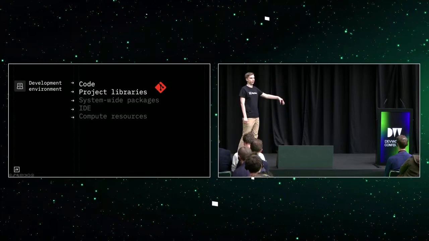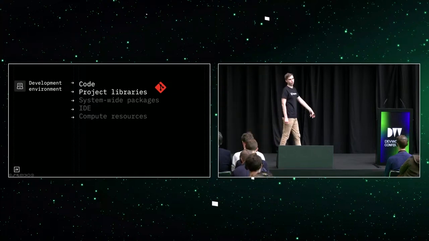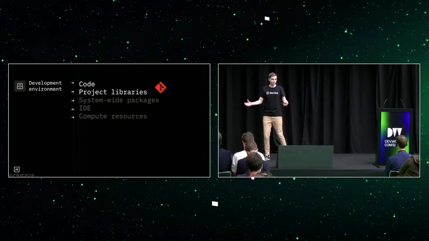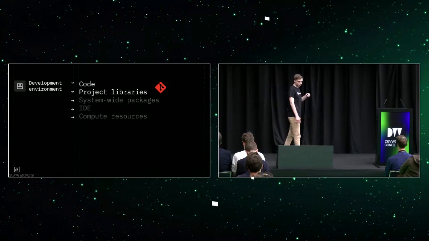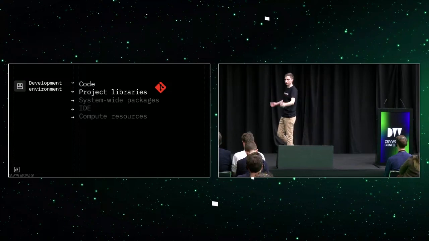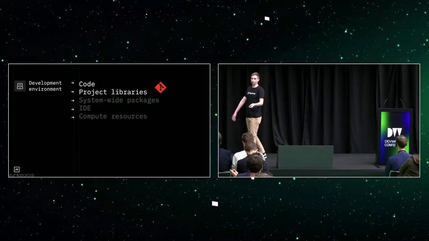For example, yarn and npm for Node, NuGet for C#, Java has Maven or Gradle, and managers such as that. That's covered. We take this for granted because every language has standardized project libraries.